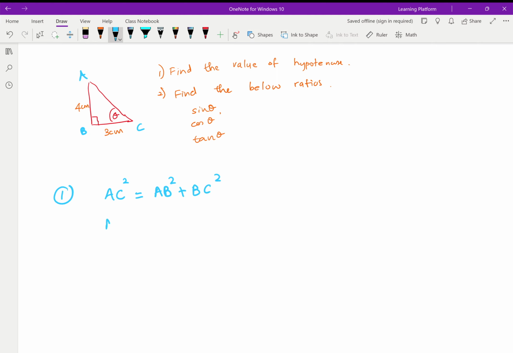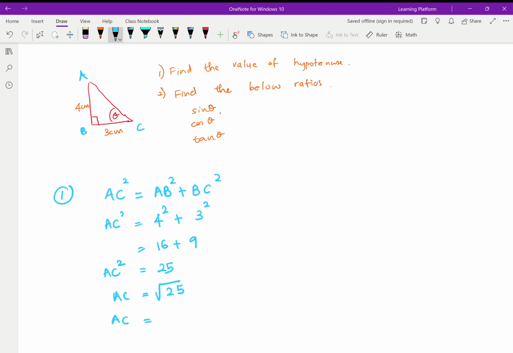So AC squared you have to find. AB squared is 4 squared, plus BC is 3 centimeters, 3 squared. 4 squared is 16 plus 3 squared is 9, then it is 25. AC squared is 25, so the value of AC is the square root of 25.